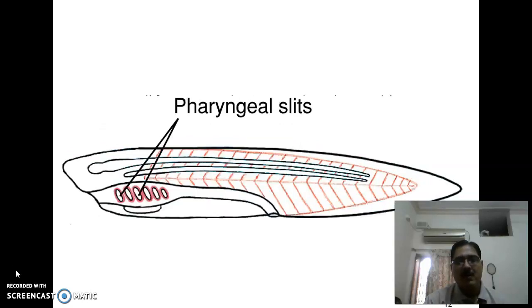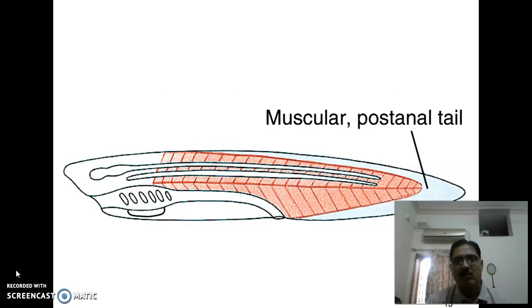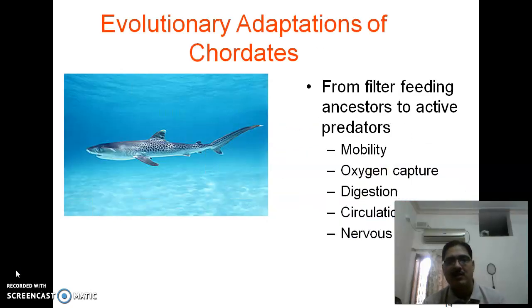Apart from it, you can also see easily the presence of pharyngeal gill slits. So these three characters, notochord, nerve cord and pharyngeal gill slits, are considered as fundamental chordate character. Apart from it, there is presence of a muscular post-anal tail, a tail which is present behind the anus.